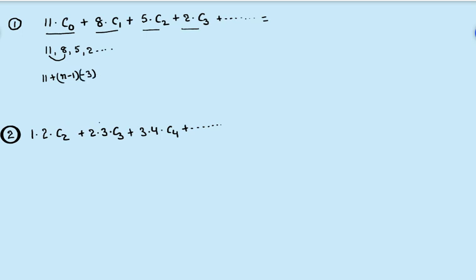So d is nothing but minus 3. Then after simplification, what will we get? We can write this as 11 minus 3r, yes or no, plus 3. So that is nothing but 14 minus 3r, which is the rth term in this series, right?